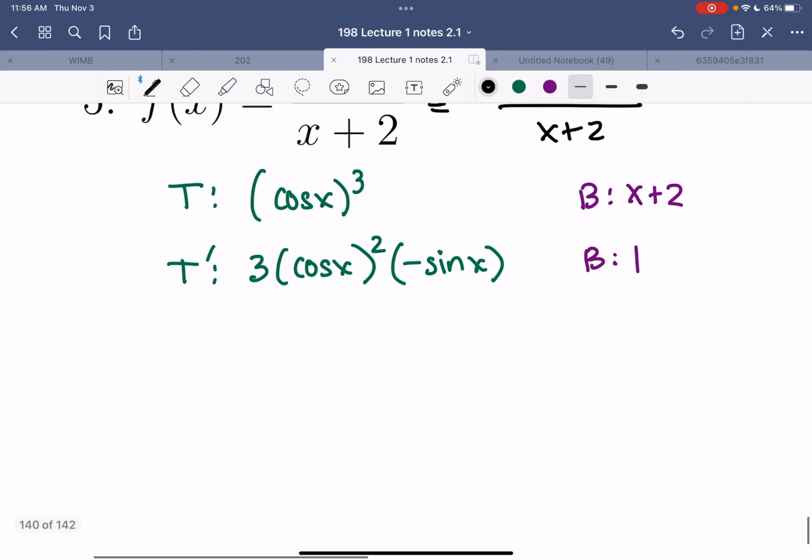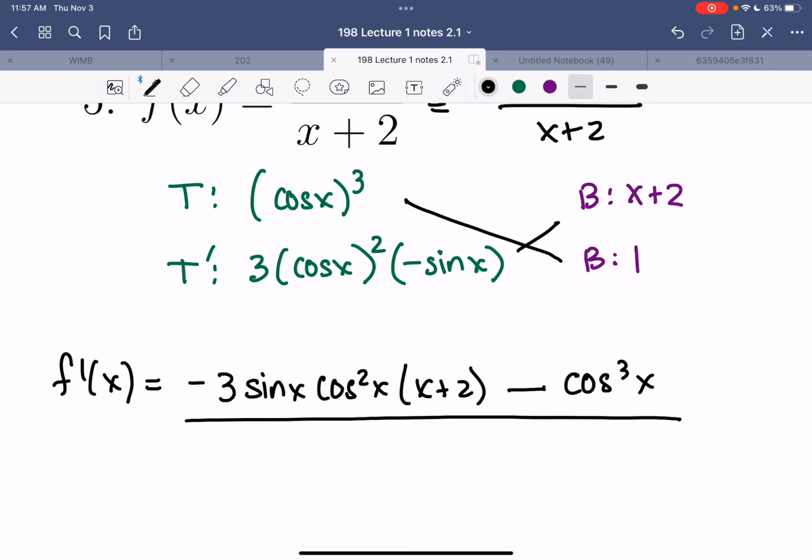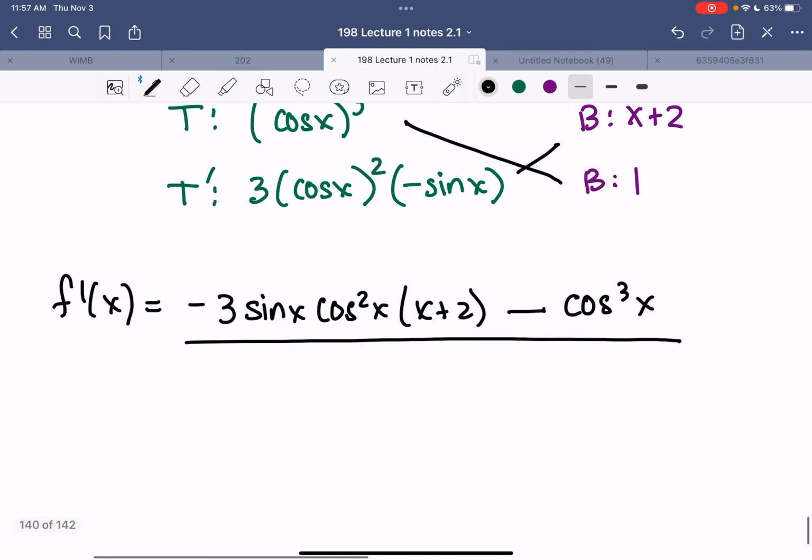So when we put this all together, you have f prime of x equals top prime bottom, so negative 3 sine x cosine squared x times x plus 2 minus these two, so cosine cubed x all over the x plus 2 squared.